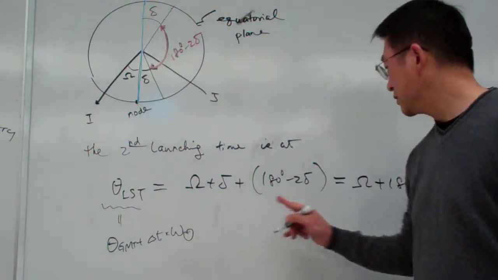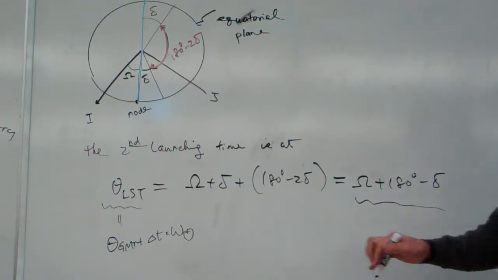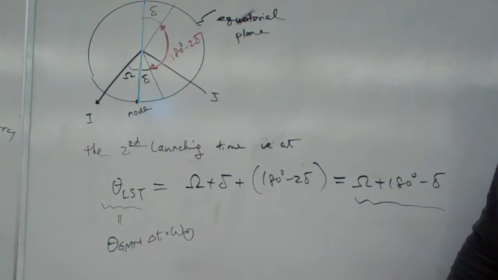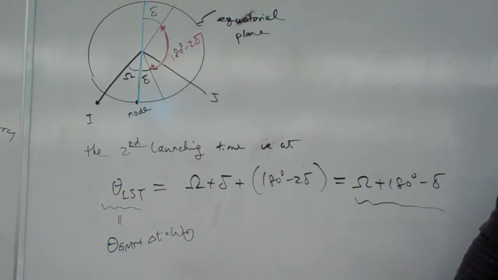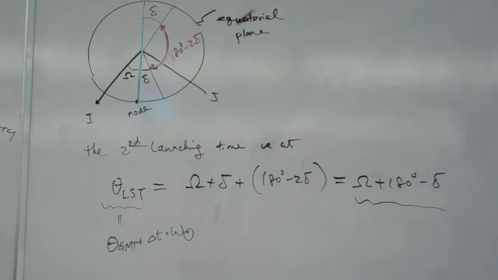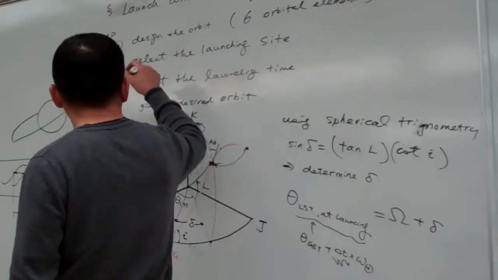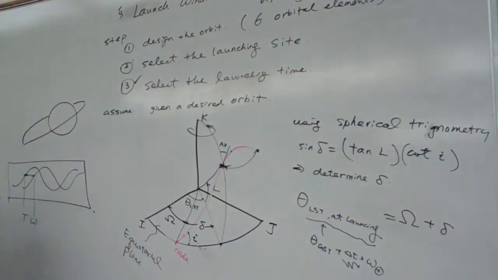So this is the angle we calculated, and from here we can determine the next launching time. On Earth, in theory, we only have twice a day. If you have defined your orbit, we have selected only twice. If you miss and you wait for the next one, otherwise you have to wait for the next day.